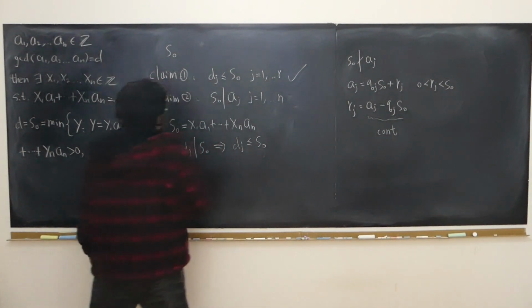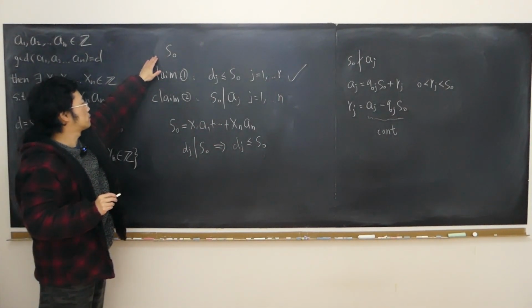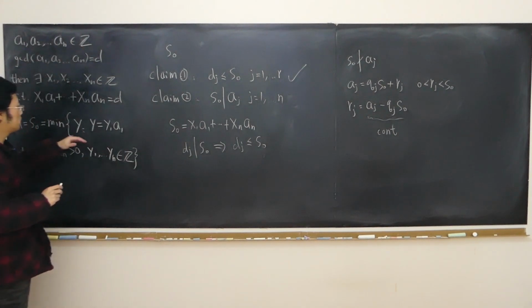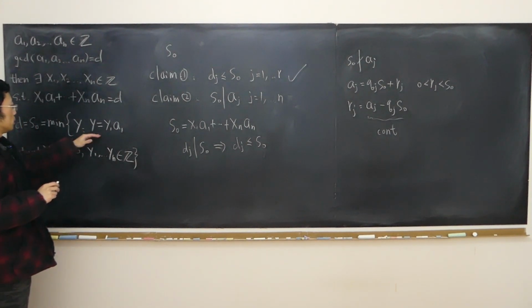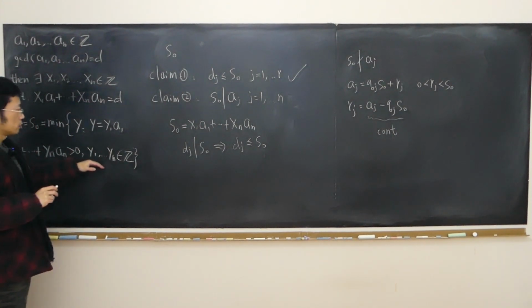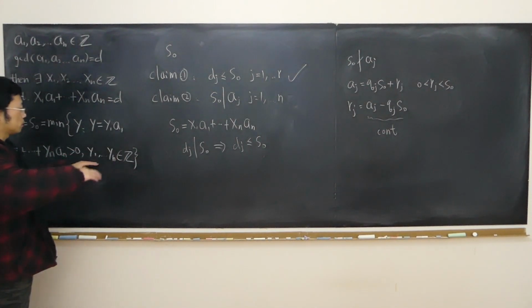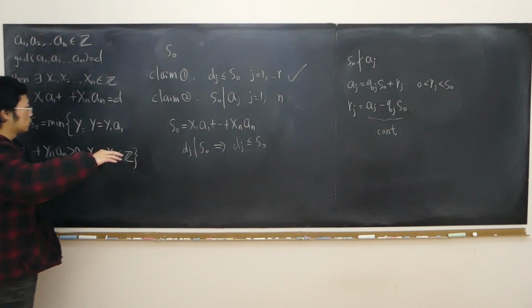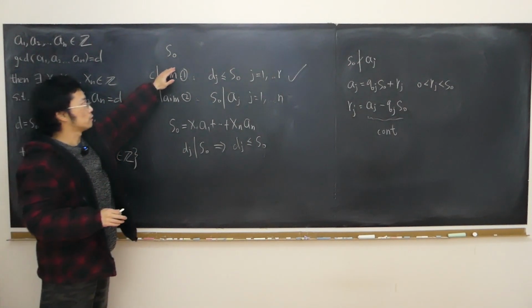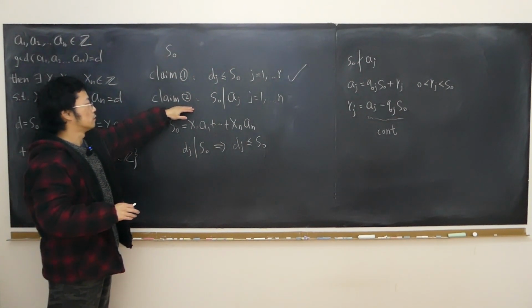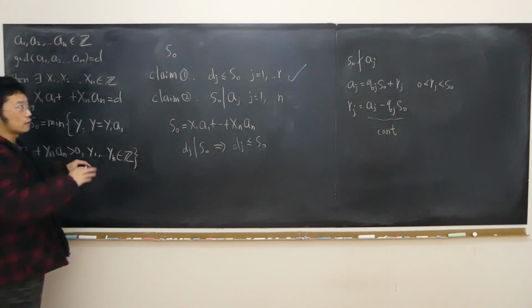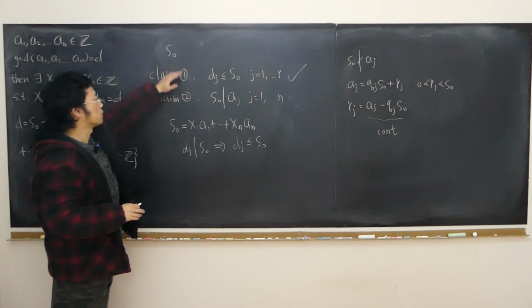First, I've proven that S0 exists. S0 is the minimum element, the minimum possible combination of the candidates. Out of all the possible positive integers, this is my minimum integer in terms of a linear combination that yields this positive integer.